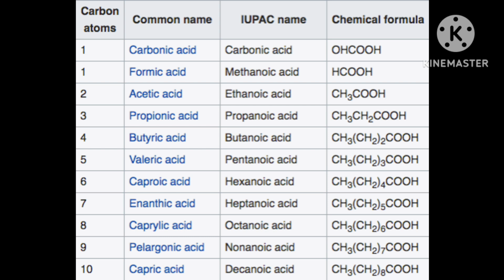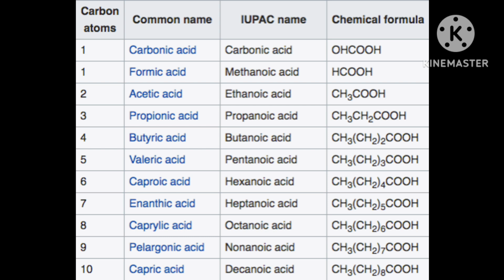COOH, CH2, again COOH. Because here 2 COOH groups are there, just like what I discussed above, it will be propane, the full alkane name, then oic acid. Propane dioic acid. Very easy to write the nomenclature, the IUPAC name.